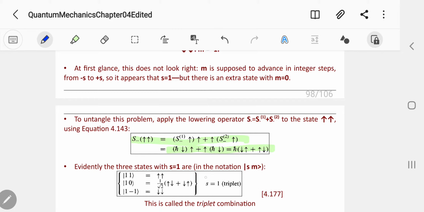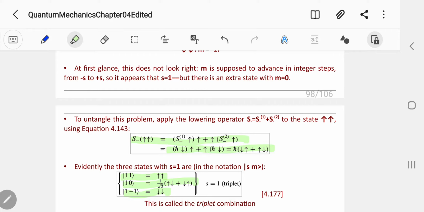So then we can say that evidently we only have three states. One is spin 1, one is spin 0, and the other one has total spin of -1.